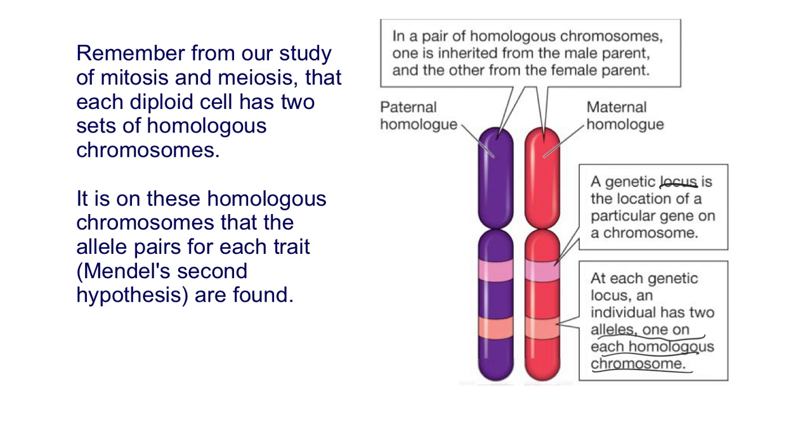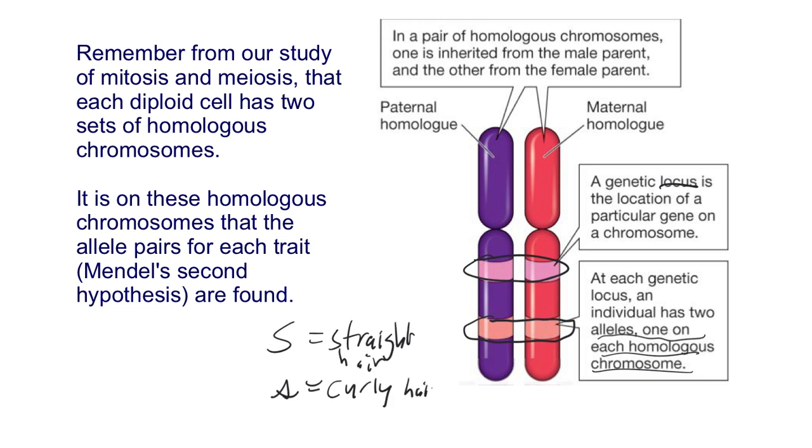So here's a locus, maybe for eye color. Here's a locus for hair texture. Okay, let's say big S is straight hair. Little s is curly hair. So let's say mom had curly hair and dad had straight hair.